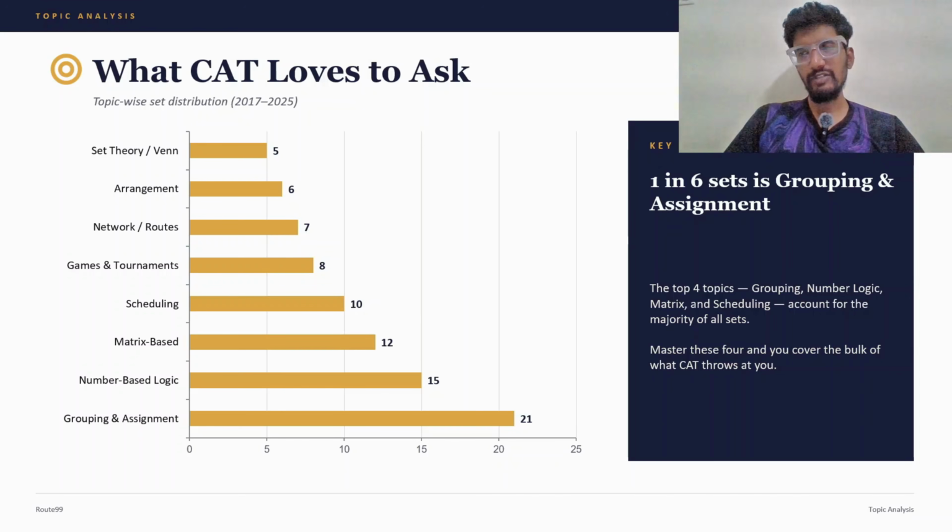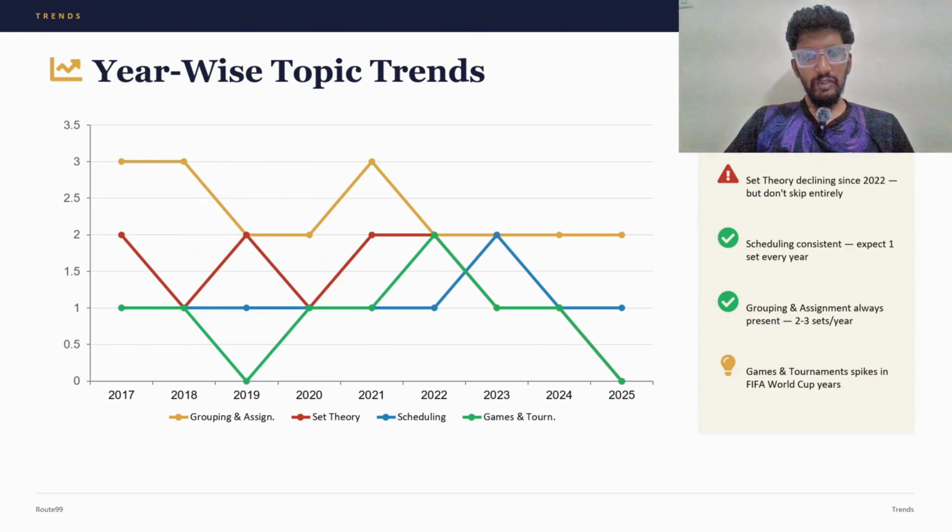Next, I can also shed some light on set theory, arrangement, network route, games and tournament. Right now, let's uncover some hidden trends. Grouping and assignment. If you look at the trend, set theory has been declining, but you should not skip it.